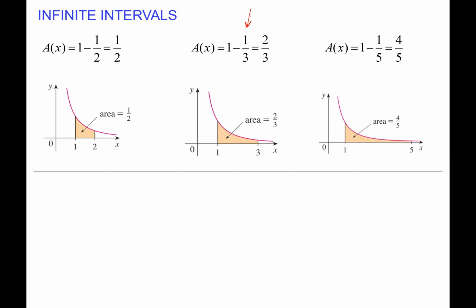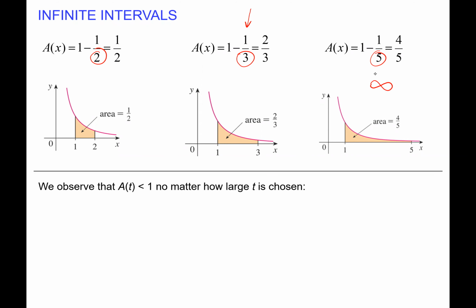But the point is not to have 2, not to have 3, not to have any finite number. We really would like to see infinity, a big number, a huge number.